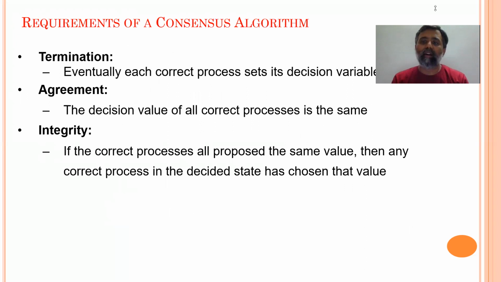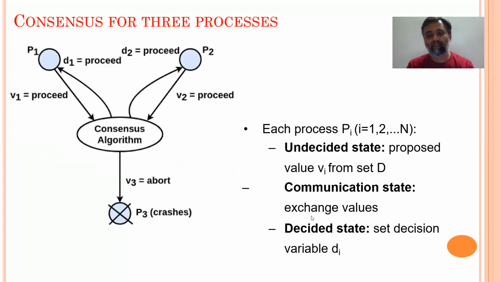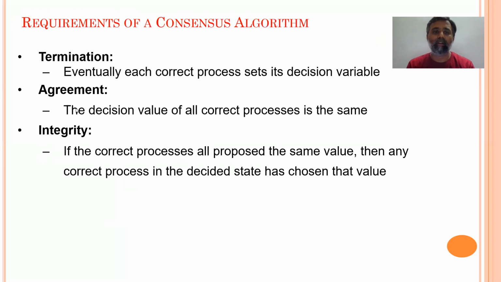As you know, I discussed these points. Again, I'm repeating here that any consensus algorithm requires termination: eventually each correct process sets its decision value. Second, agreement: the decision value of all the correct processes is the same.